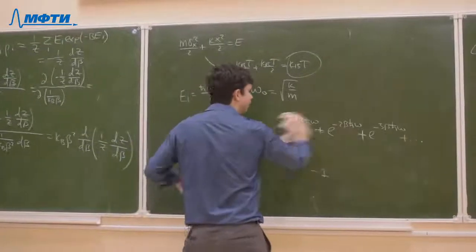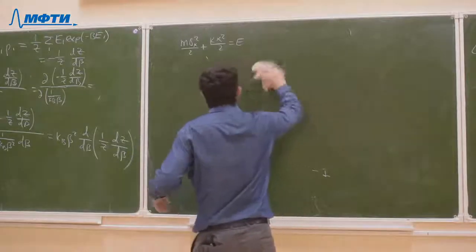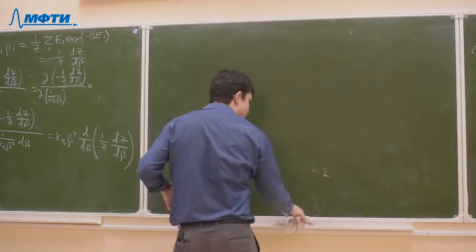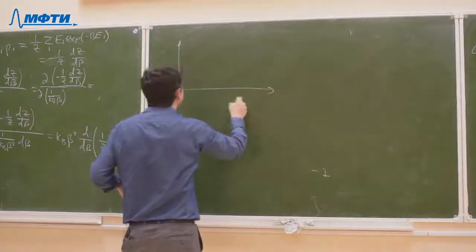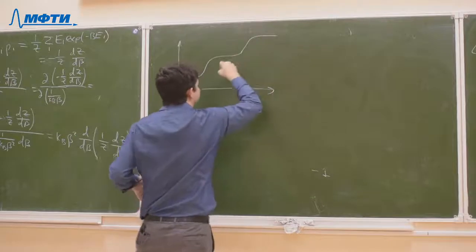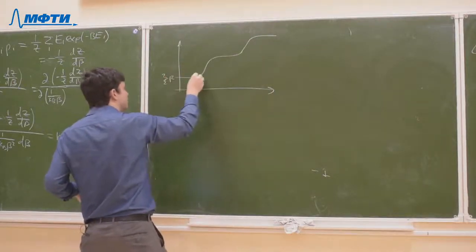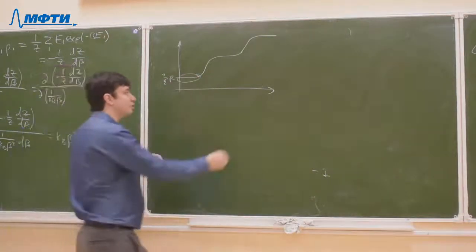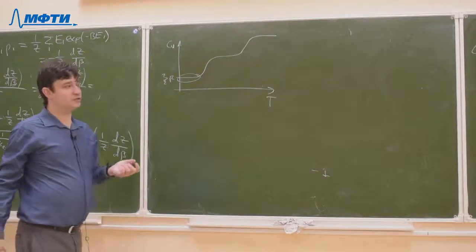So let's look at a plot which I have previously written for the gas. So this is a temperature, this corresponds to a very low temperature. When temperature is lower, the number of degrees of freedom which are frozen is greater.